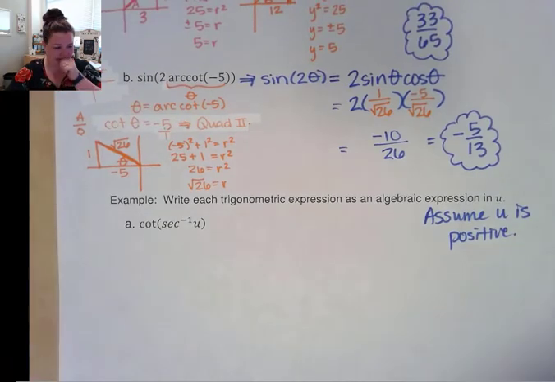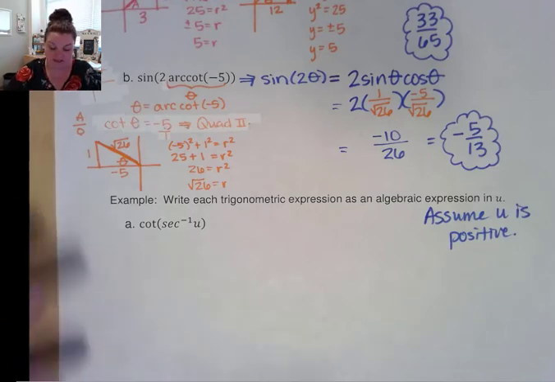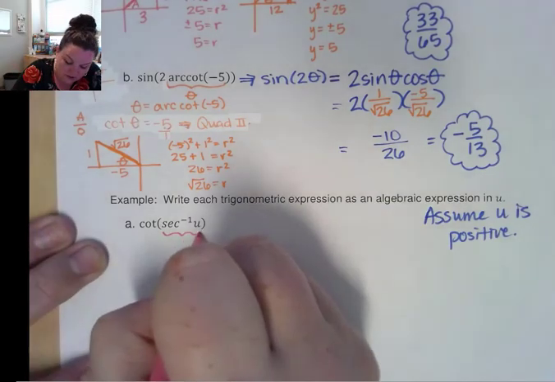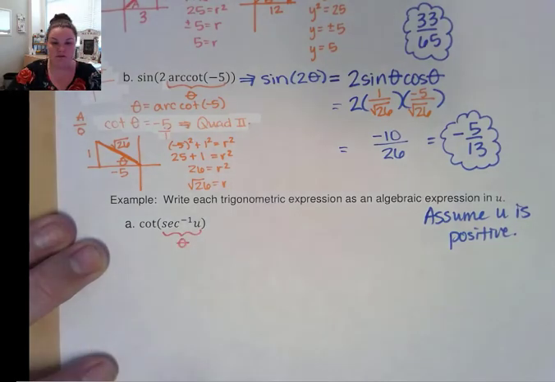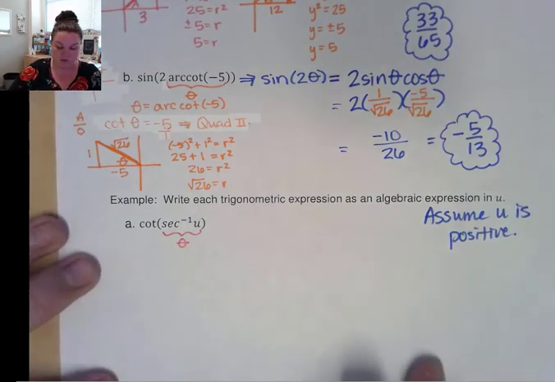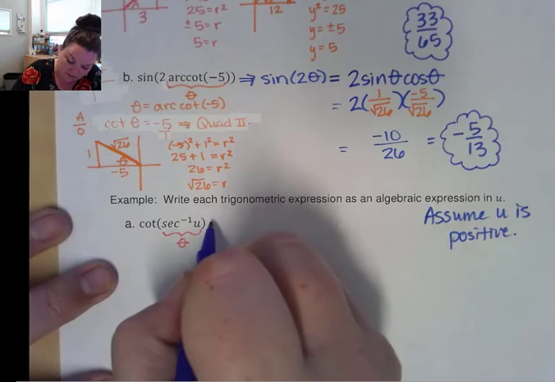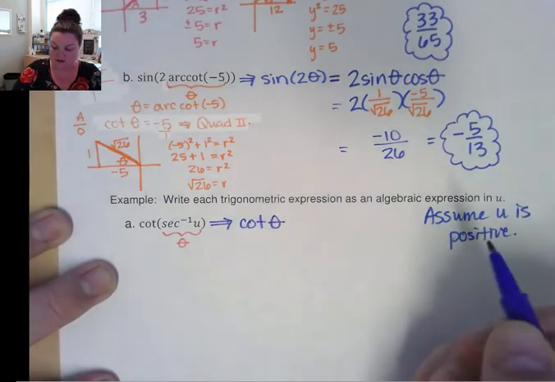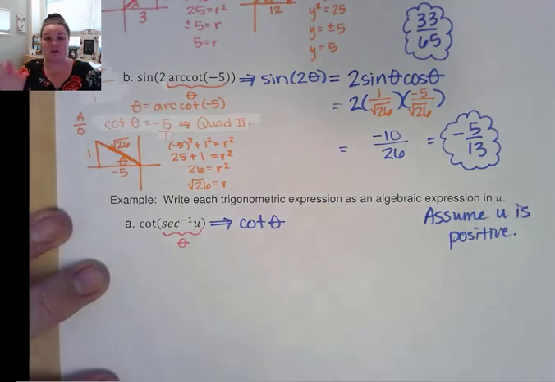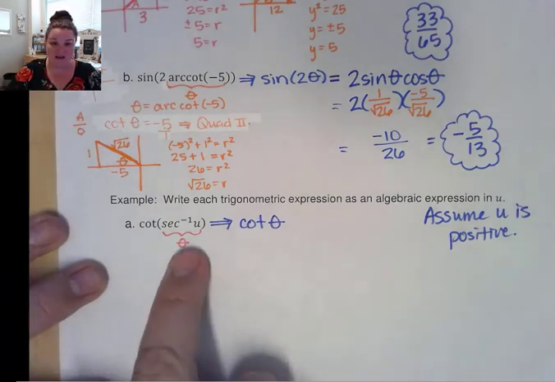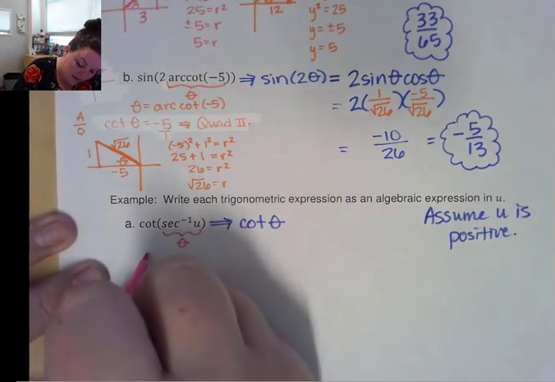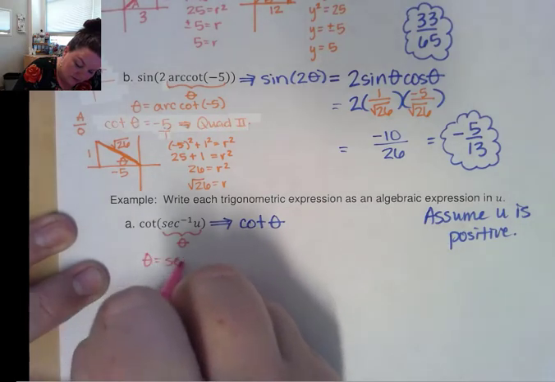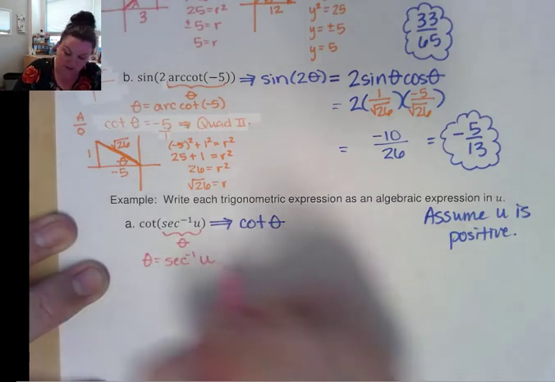I'm going to call this inner function something other than what it is. So I'm going to just call this theta. At the end of the day, we're looking for cotangent theta. So let's figure out everything we know about theta. We're saying that theta is equal to secant inverse u.